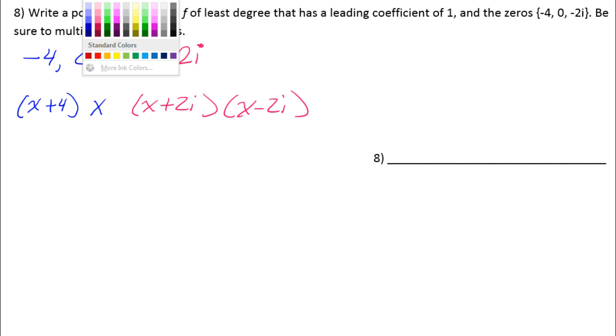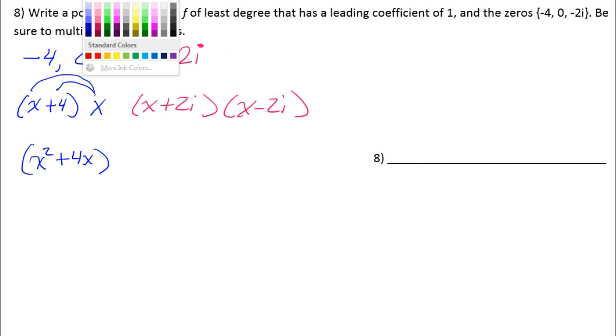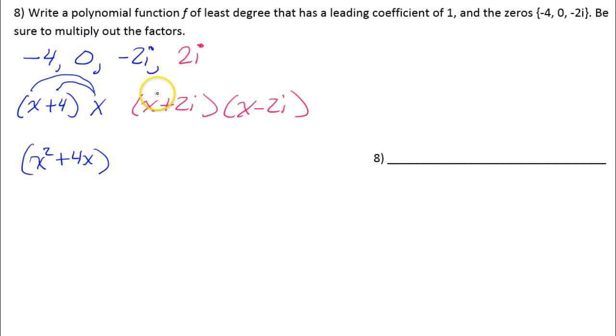So starting with the blue stuff, multiplying these is pretty simple because I just do the distributive property. So that's going to give me x squared plus 4x. Okay, so I have that over there. Meanwhile, if I multiply all this out, that's going to require a double distributive property. So distributing the x, I'm going to get x squared minus 2ix.